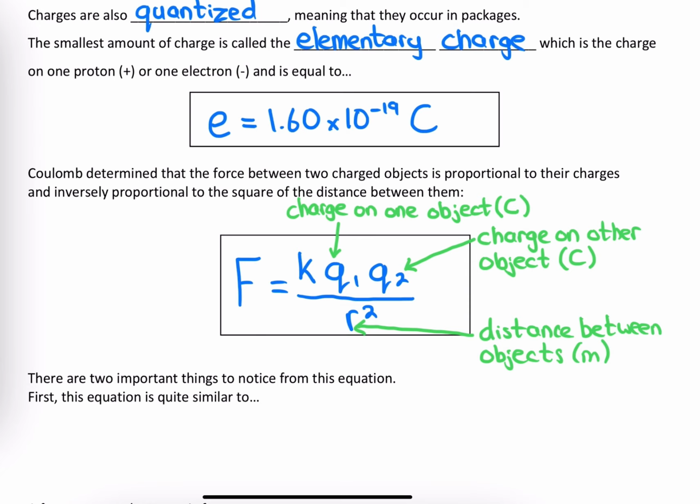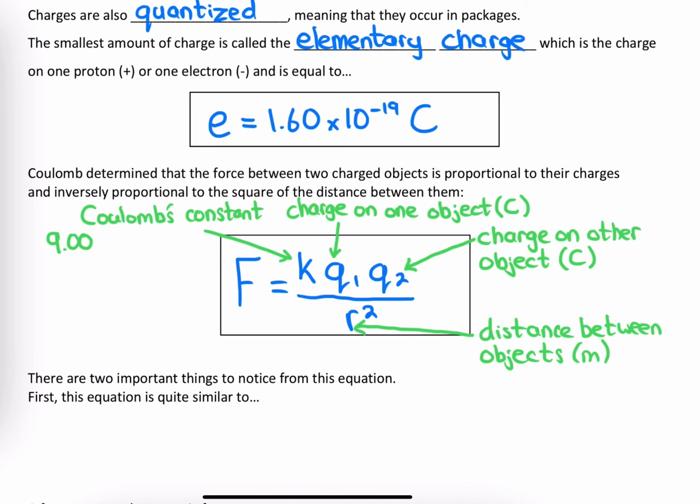And K is called Coulomb's constant. And being a constant, it has one value, and that value is 9.00 times 10 to the 9.